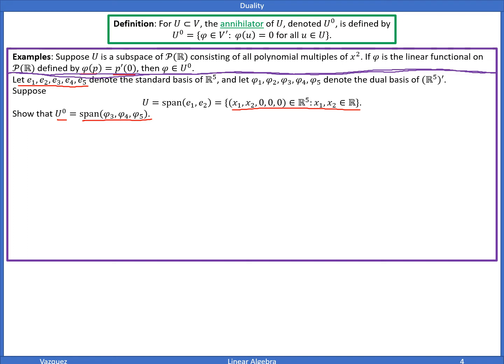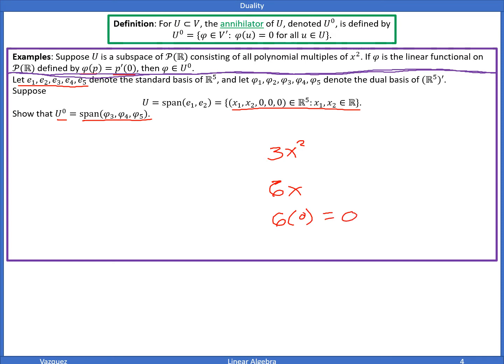And why is that? Well, take a multiple of x squared. So 3x squared is a multiple, right? When we take the derivative, that simply gives us 6x. Then we plug in 0 for x, so we get 6 times 0, which is just 0.